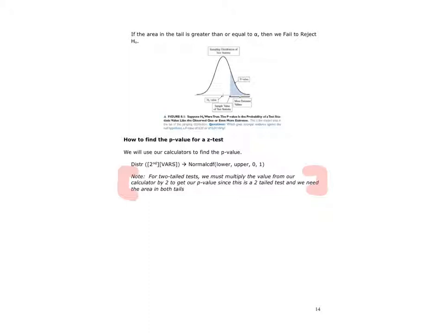So to illustrate what we're talking about, if I've got my curve and I'm looking at this area, we have to tell the calculator to find the area from this point all the way to this point. So let's say that we have a z-score of negative 1.5. The lower bound, again, is going to be some value over here.